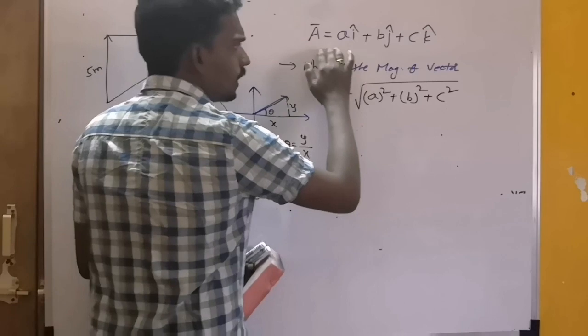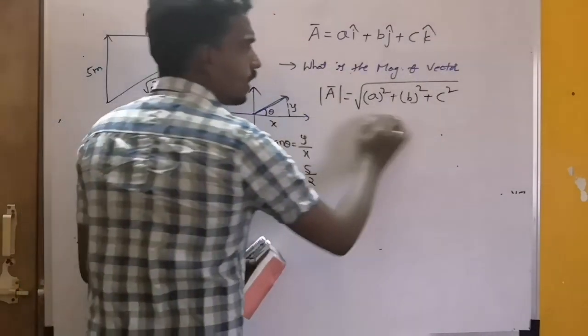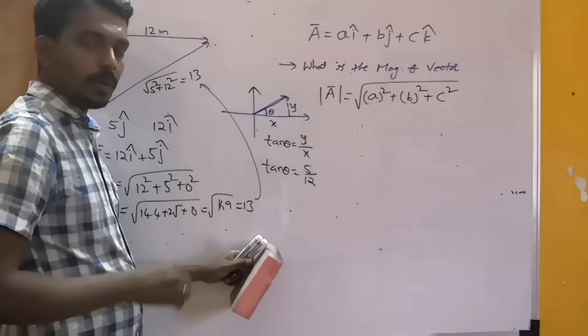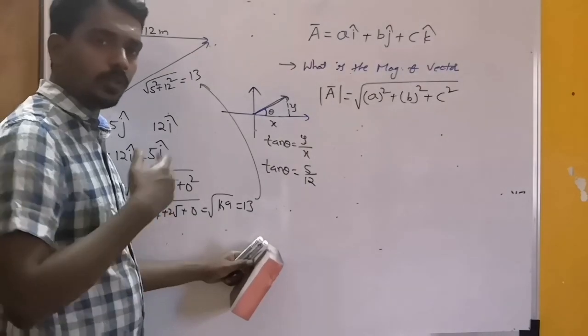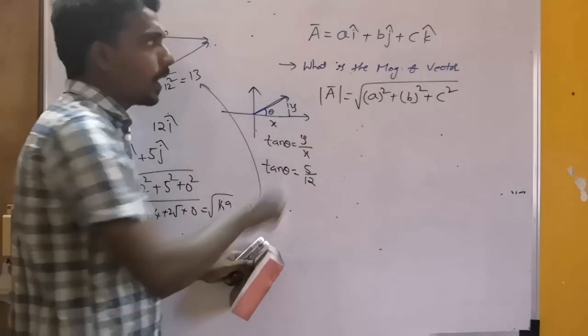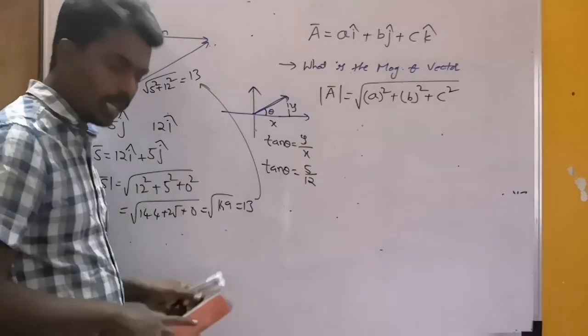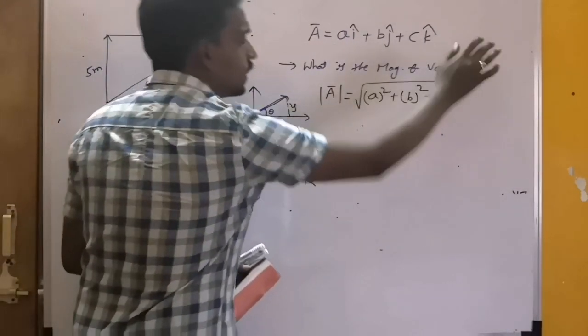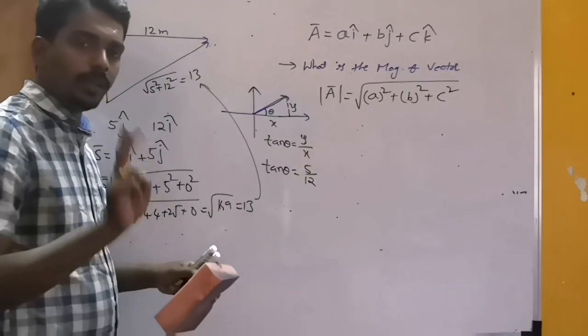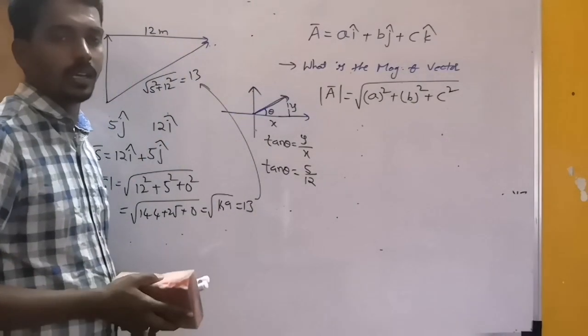So here the vector is given and we are finding the magnitude. But sometimes the magnitude will be given, then we have to find the components. But in our syllabus, especially in physics, we will not get any three-dimensional vector. We will get only two-dimensional vectors.